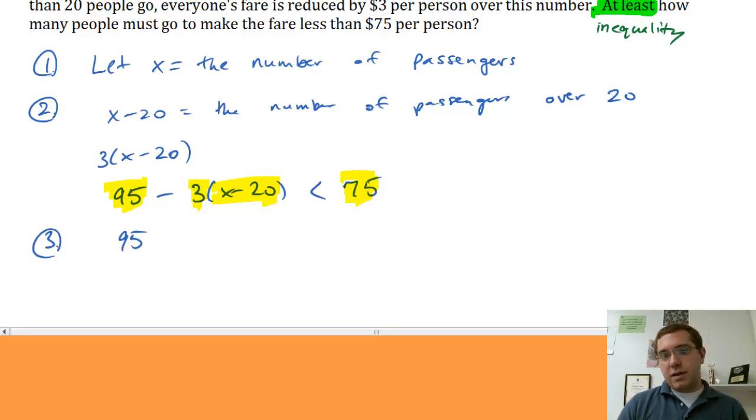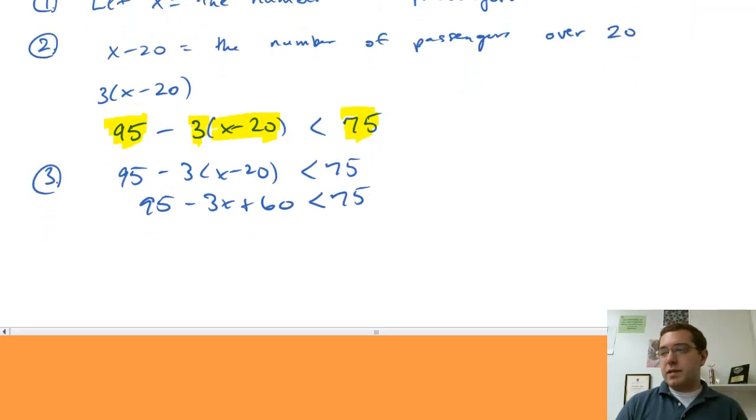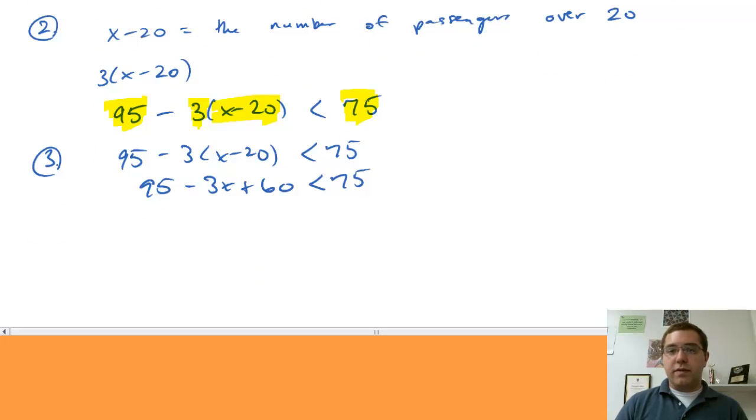Step number 3, let's solve the inequality. 95 minus 3 times x minus 20 is less than 75. So 95 minus 3x plus 60 is less than 75. 95 plus 60 is 155. So 155 minus 3x is less than 75. I subtract 155 from both sides, and negative 3x is less than negative 80. Divide both sides by negative 3.